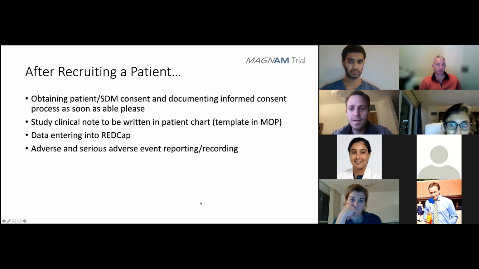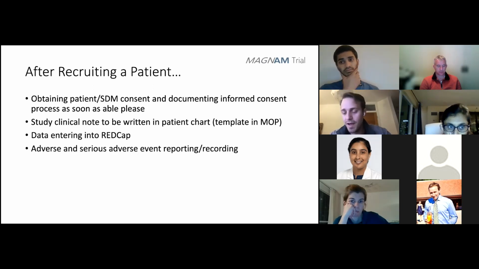Okay, so that leads us nicely into what happens after recruiting a patient. Part of it, as Brian just mentioned, was the quality control of double checking the patient was eligible and making sure the drug accountability log was filled out. Then there's obtaining consent for the study.